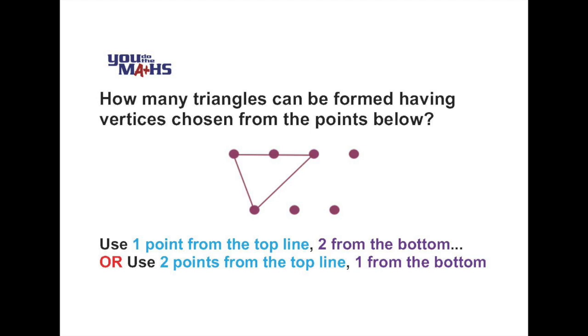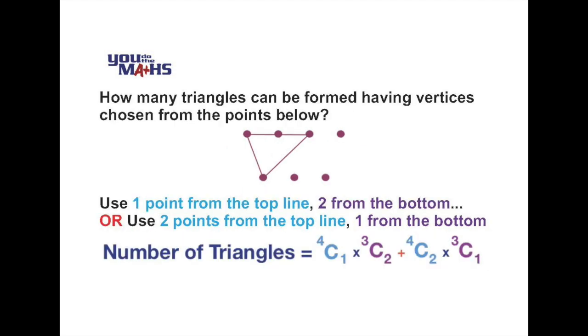For the first case where we have 1 point from the top line, we've got 4 points and we're choosing 1. At the same time, so we're using multiplication, we're choosing 2 points from the ones below out of 3. Now we perform an addition, and we're choosing 2 points from the top line of 4, so that's 4 choose 2, and at the same time we're choosing 1 point from the 3 in the bottom line, so that'll be 3 choose 1.